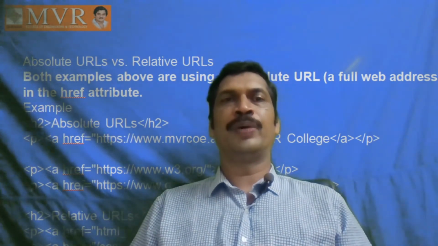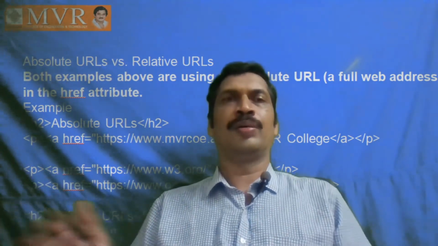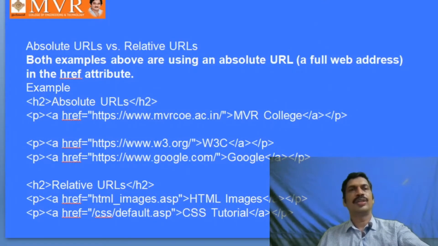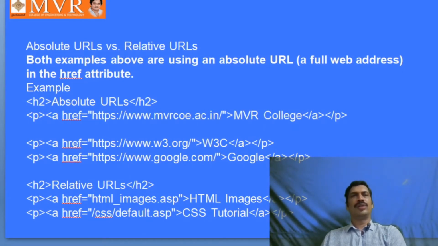Whereas giving the accurate path from starting to ending is called an absolute path. Similarly, URLs also: there is an absolute URL and a relative URL.